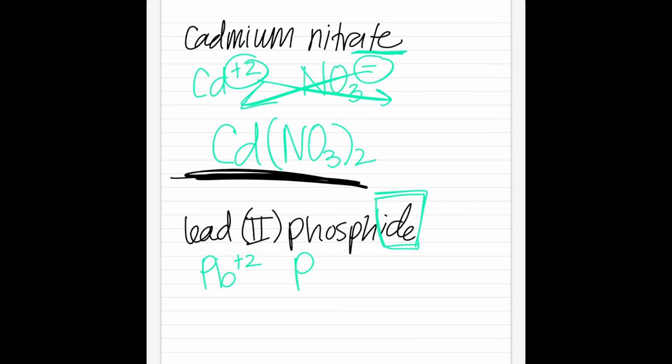It's a single element. Hydroxide and cyanide are the rare exceptions of the IDE ending, and those are on the list on the back of the periodic table. But phosphide is P3 minus. Now these do not cancel, so I'm just going to go ahead and cross and go down. They're not multiples of each other either, so Pb3P2.